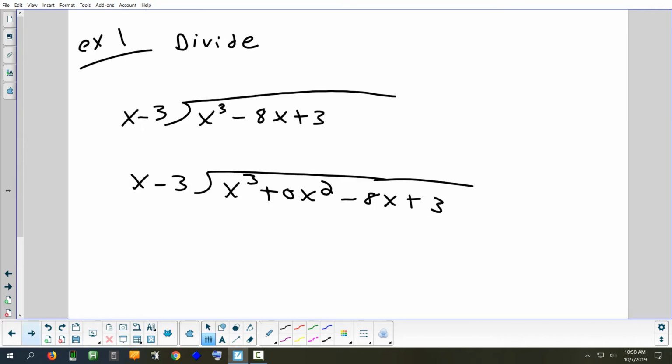Let's try that. First term on the outside. Derek, what's my first term on the outside? So x minus 3? That's the outside, yep. X. And what's the first term on the inside? X cubed. You're going to divide this into that, and we're going to put the answer right on the top.